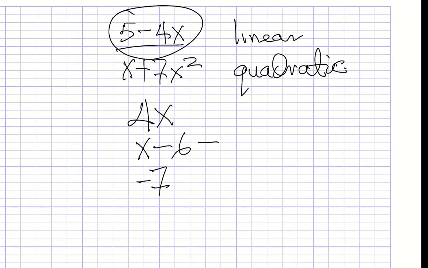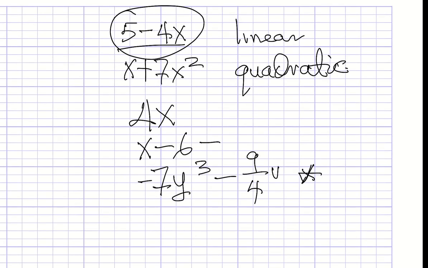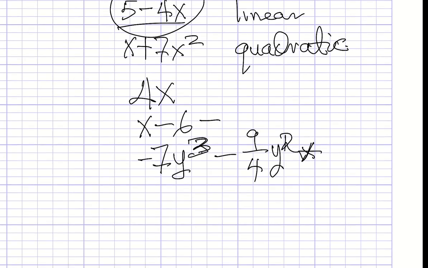Something like 7y raised to power 3 minus 9 over 4 raised to power x. See, this is a polynomial in 2 variables, but we're just gonna concentrate on 1 variable. So let me just do it like this. Y raised to power 1. This is raised to power 3. Okay, so these are polynomials, right? Well, you can say raised to power 2. That way I don't confuse you.